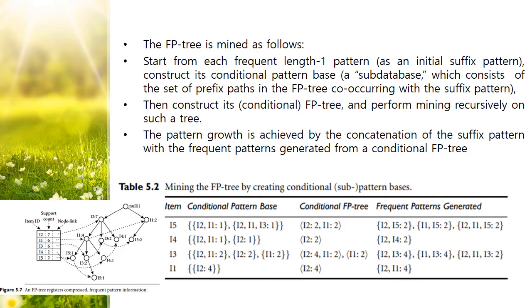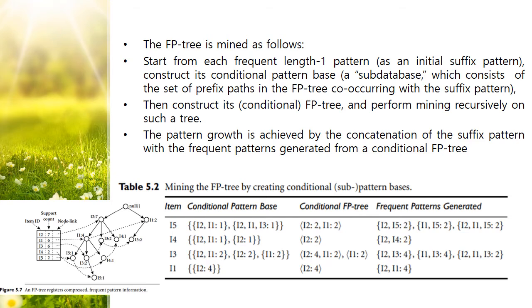Then I1 also comes in 2 sets of the conditional pattern base, so the support count is 2. But the I3 support count is only 1, so we will not consider that.